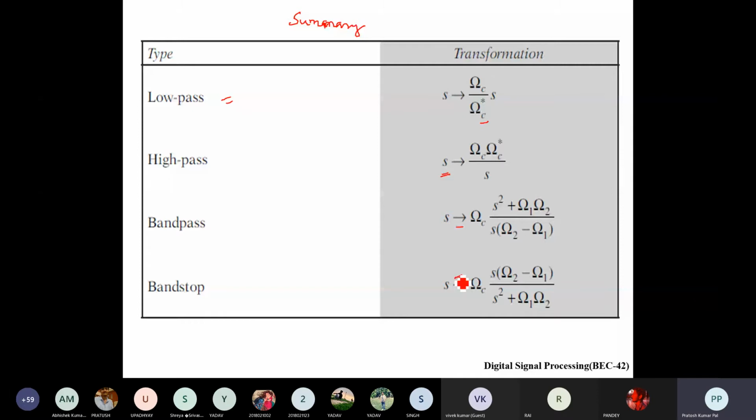This is just the replacement into whatever low pass filter we have designed. Once a specification is given, first we convert that specification to a low pass filter, and then by using frequency transformation we change that low pass filter to our desired filter design.